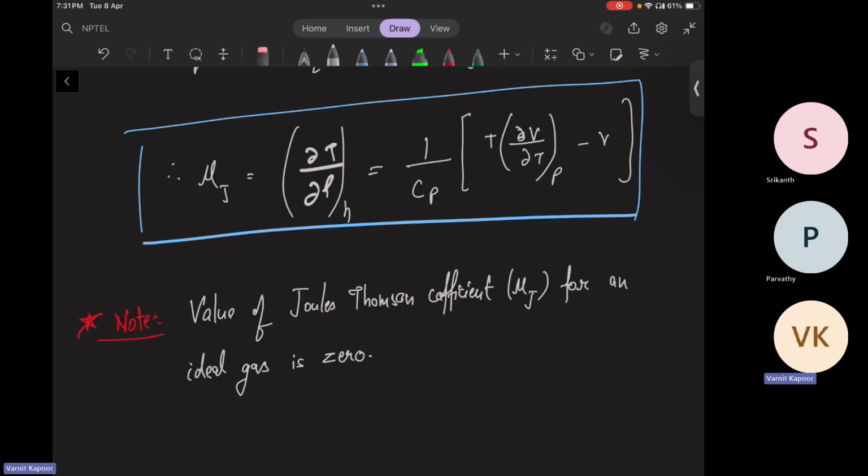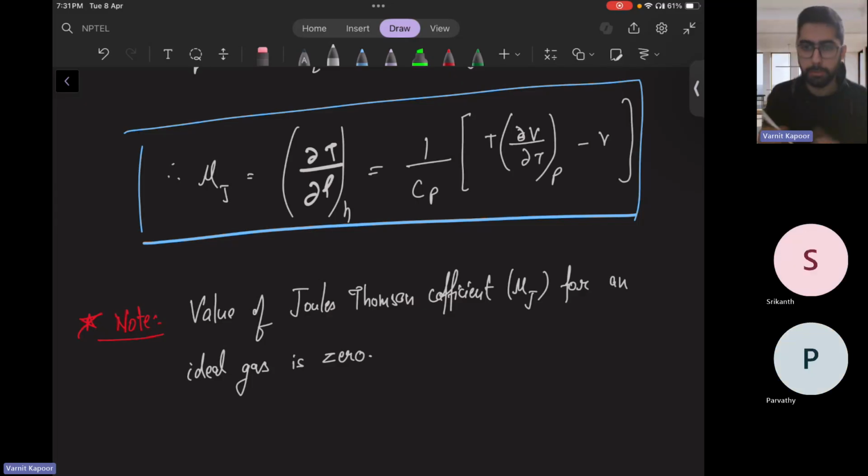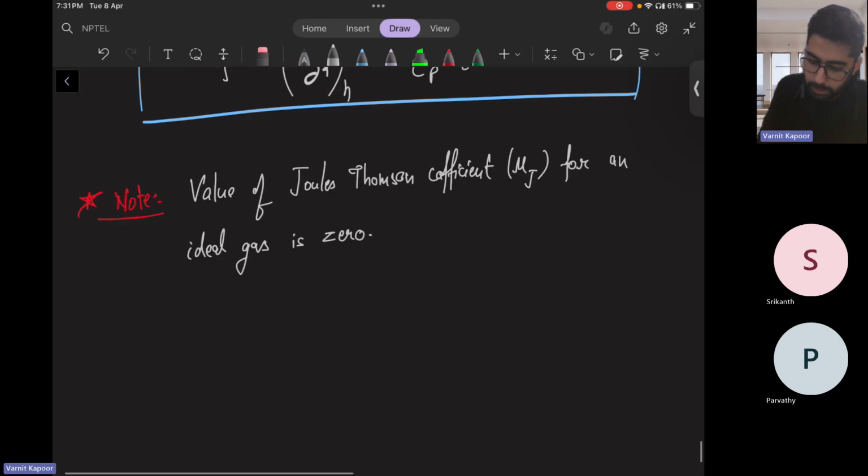Okay, so the value of the Joule-Thomson coefficient mu j is 0 for an ideal gas. We have to prove that. So constant enthalpy means isenthalpic. That is a throttling process eventually. Okay, which we have already discussed in the past, and we'll discuss further today as well.